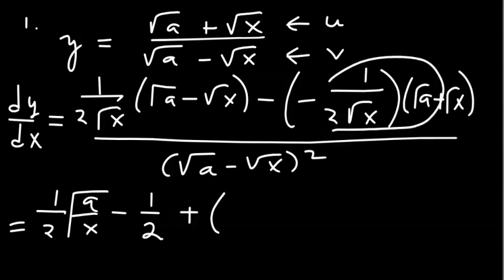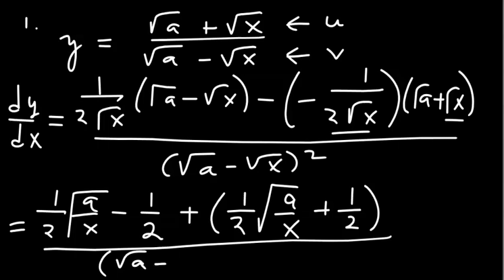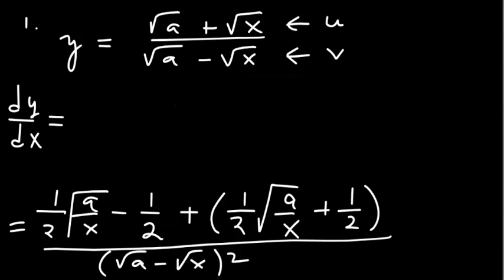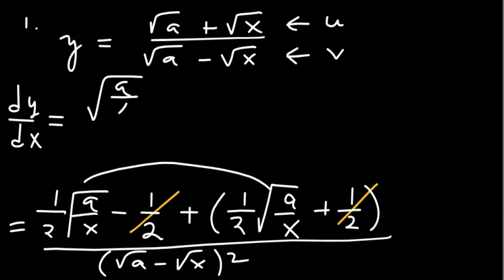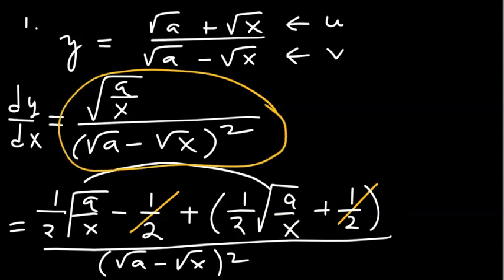So this product will quite simply be 1 over 2 square root a over x, and this times that is quite simply half over (square root a minus square root x) squared. So this minus half will cancel that half. This plus that is quite simply square root a over x, and divide that by (square root a minus square root x) squared. And that's the answer for this differentiation.